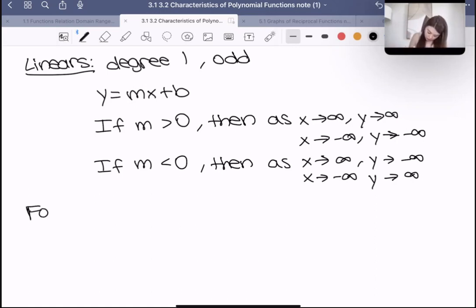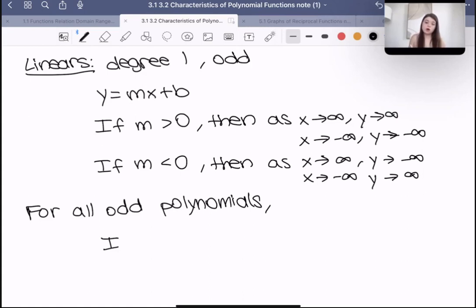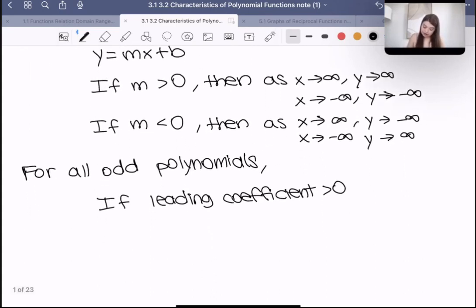So for all odd polynomials, if the leading coefficient, instead of m this time, is greater than 0, then we have the same pattern as before.